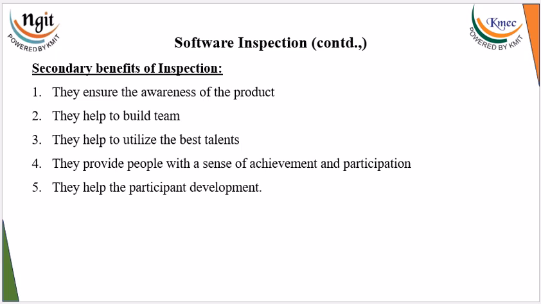They also provide people with a sense of achievement, and they pull people to participate actively throughout your software process inspection. And at the same time, they also help the participants to develop their own skills as reviewers. So this will help in the personal development of the participants even.